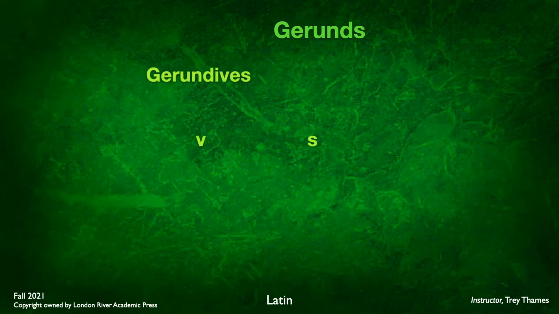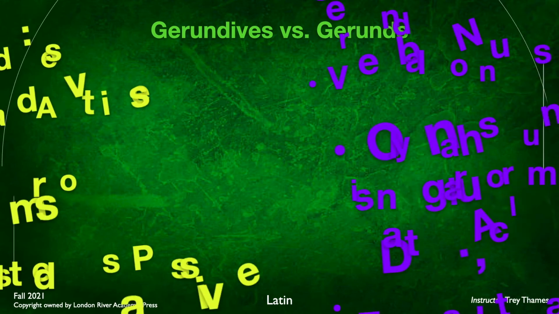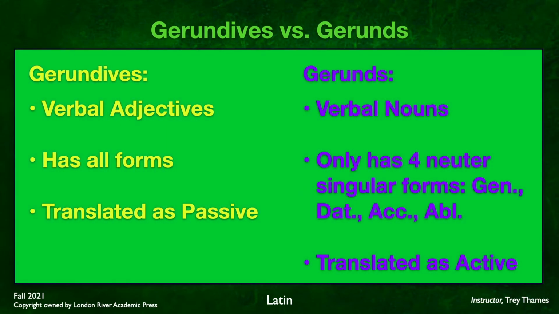A comparison between gerundives and gerunds. Now, as we said, both gerundives and gerunds are verbals, which means they have characteristics of both verbs and either nouns or adjectives. In this case, gerundives are verbal adjectives. Gerunds, however, are verbal nouns. Gerundives, as adjectives, will have the full complement of forms, masculine, feminine, neuter.